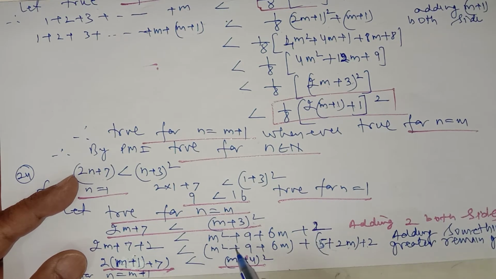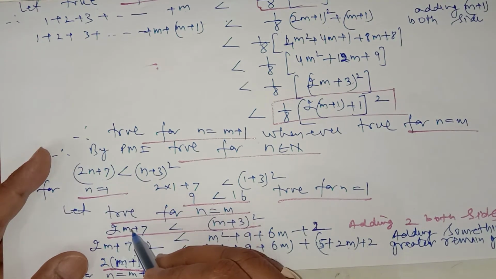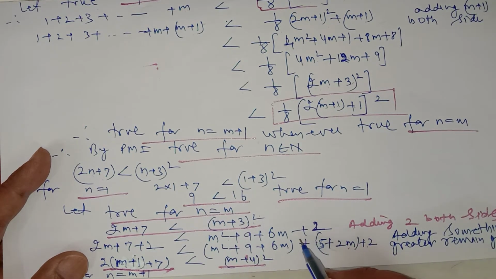Now because in the left hand side we had obtained the next term of this, 2m plus 7, that is 2(m plus 1) plus 7. In the right hand side we need (m plus 4) whole square. So I have added 5 plus 2m on the right hand side so that it will be (m plus 4) whole square. I have arranged it because I need (m plus 4) whole square.